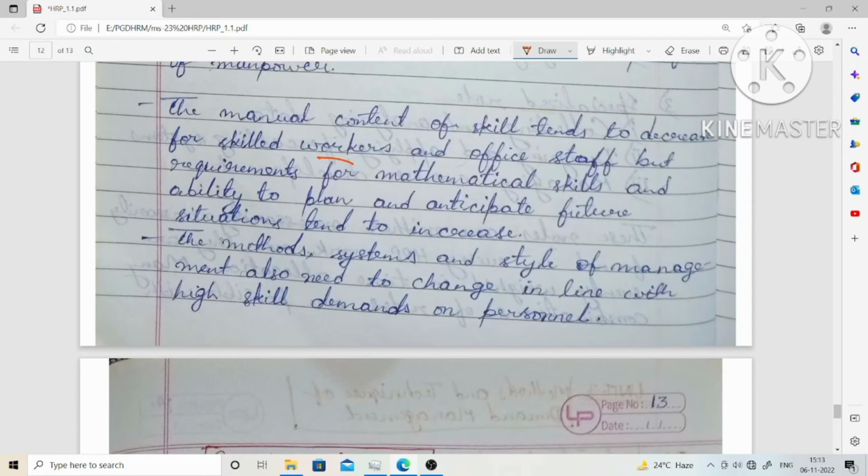The methods, systems, and style of management also need to change in line with the high skill demands on personnel.